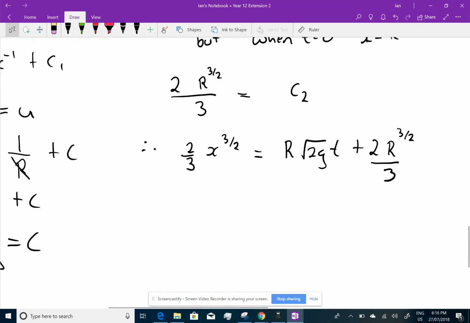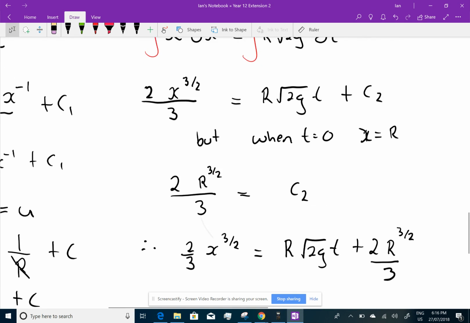Now, what are we trying to find? We're trying to find that it'll reach a distance of 8r. So the total distance we want to find, we're trying to show this is going to equal 2.72. So we want to find t when x is 8r from the centre of the Earth. But let's look back.